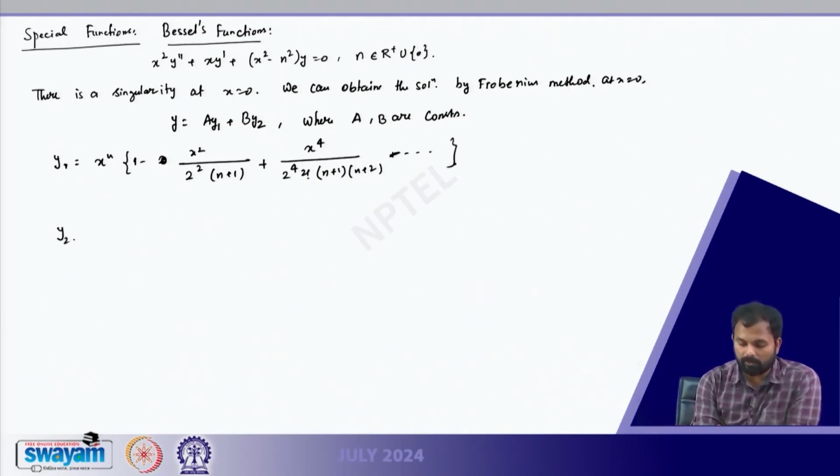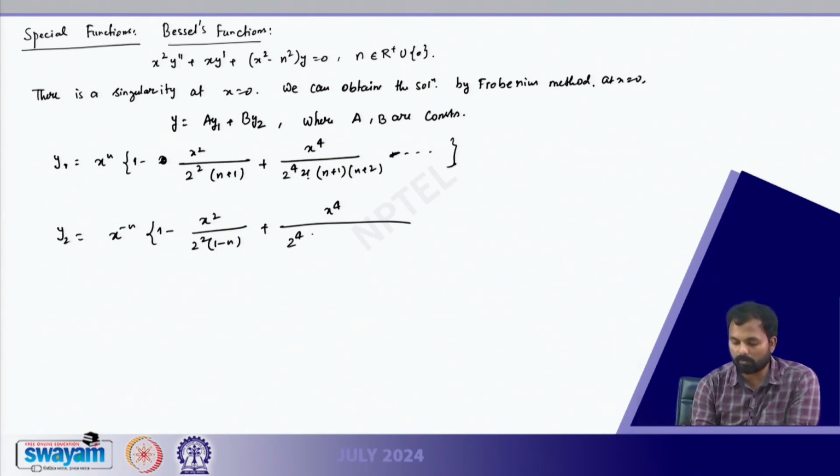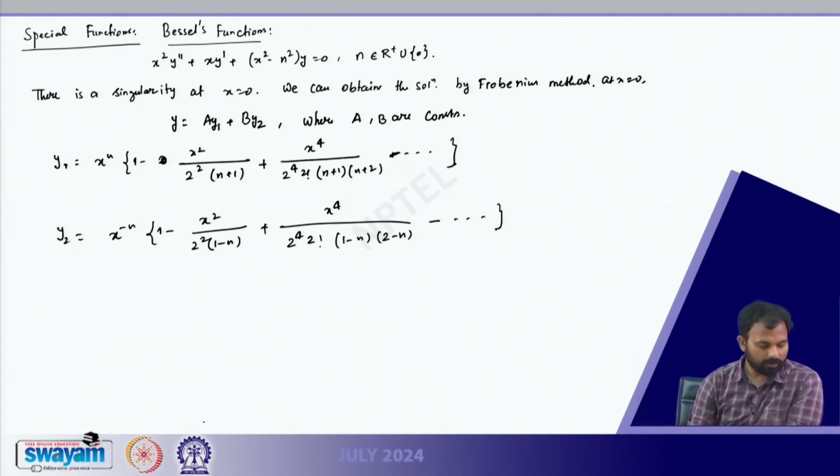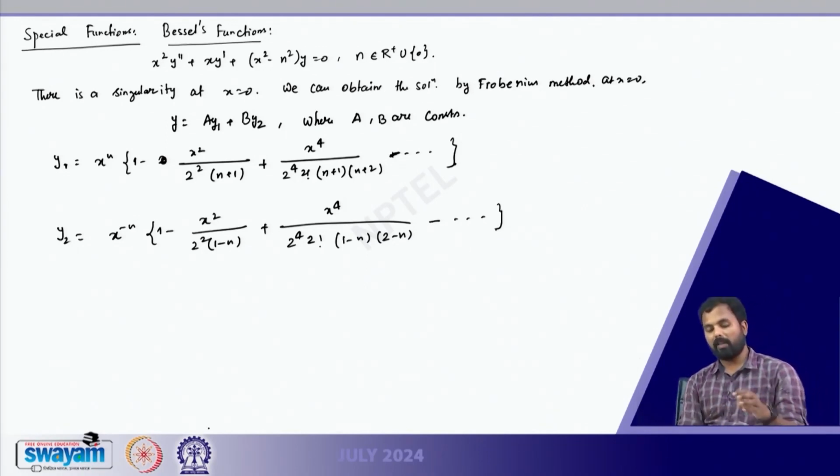And similarly, y2 equals x to the power minus n times (1 minus x square by 2 square (1 minus n) plus x to the power 4 by 2 to the power 4 into 2 factorial (1 minus n)(2 minus n) minus and so on). Looking at these two expressions, at least they look like a polynomial, but you can actually bring it into a very nice form.